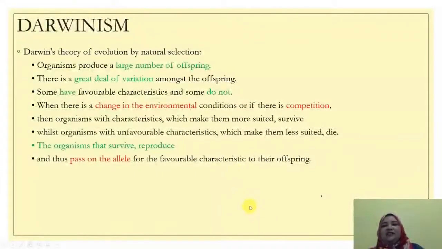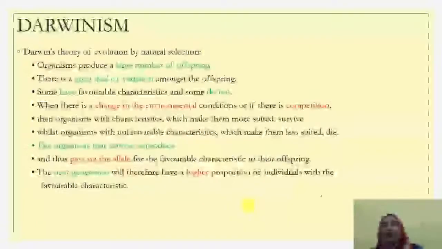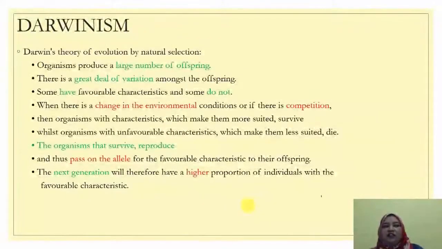So they will pass the allele for the favorable characteristic onto the offspring, and the next generation therefore will have a higher proportion of individuals with favorable characteristics. So if one individual has a favorable characteristic, he will find a mate that also survived the change.